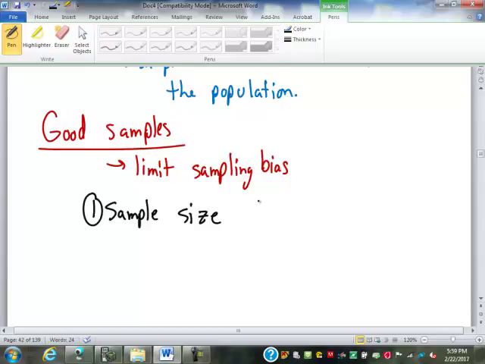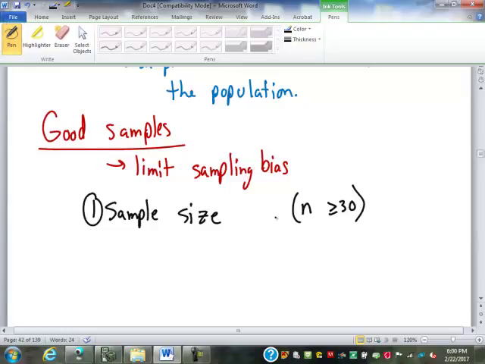Now, one of them that's commonly accepted is that the sample size be greater than or equal to 30. The abbreviation for sample size is the letter N. So say that N is greater than or equal to 30 at a bare minimum.